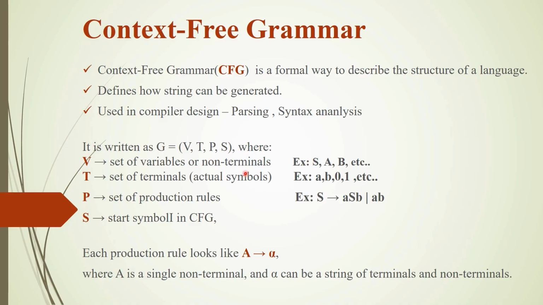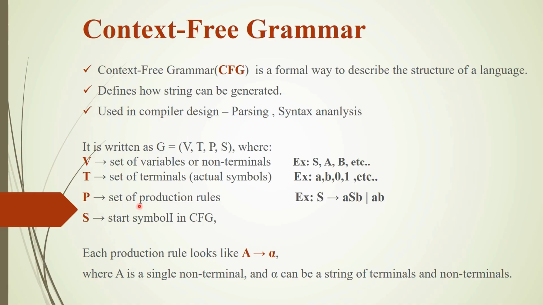Now, what is meant by T, or why are we using T? T is a set of terminals, or you can say actual symbols in your language like a, b, 0 or 1, etc. Those symbols you want in your language are mentioned in T. Next one is P. What is meant by P?